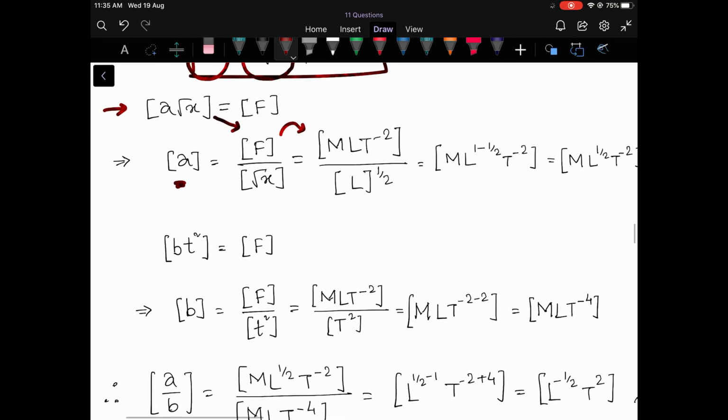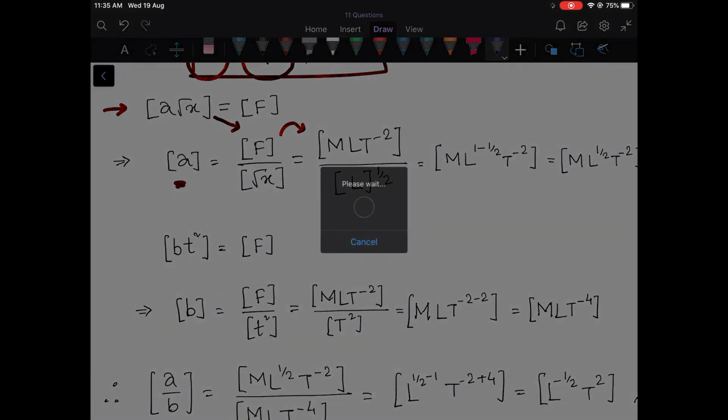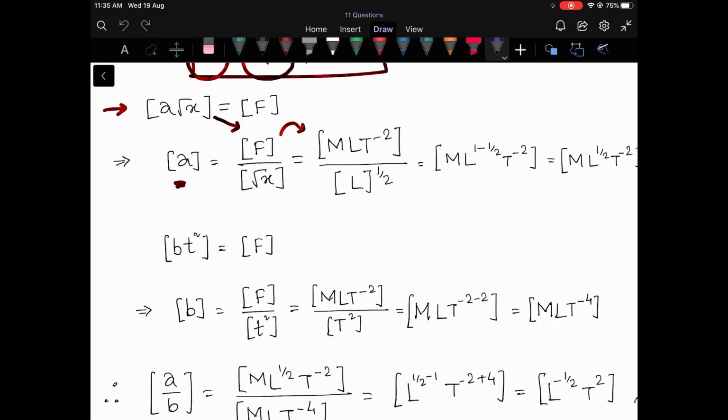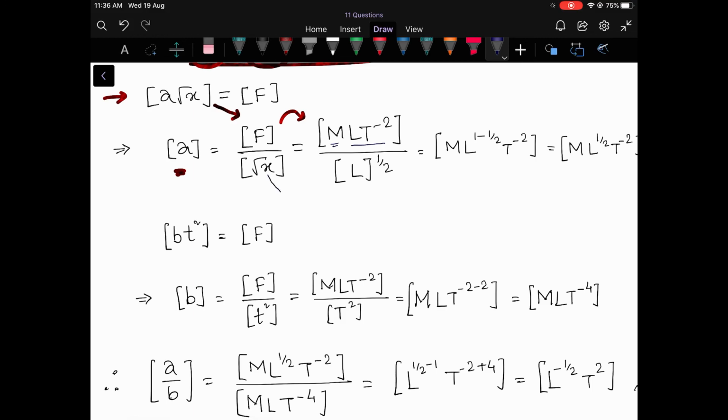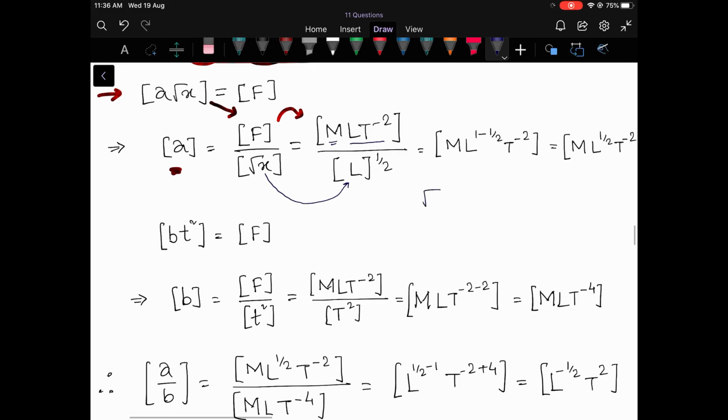Dimension of force we know is MLT to the power minus 2, because force, if you remember, is mass into acceleration, so this is your mass dimension and this is your acceleration dimension. Then this X here is distance or length, so I'm writing the dimension of L, and root, if you remember, means power half.